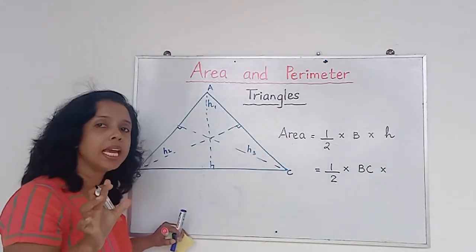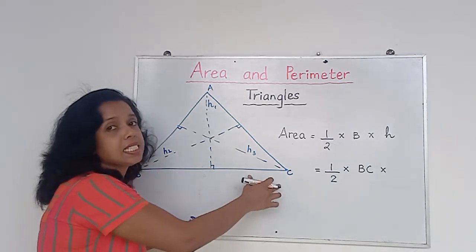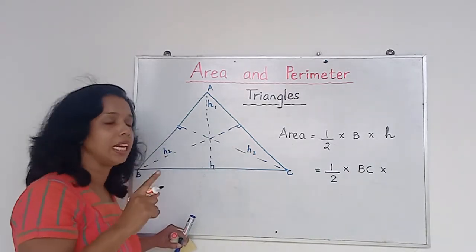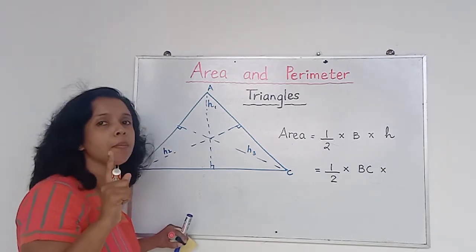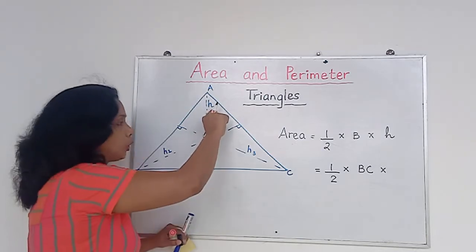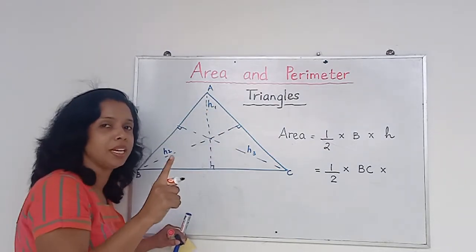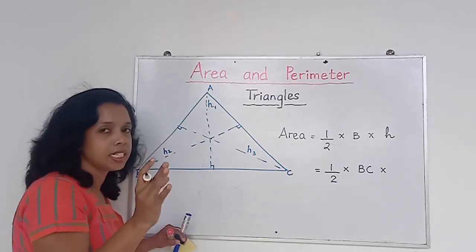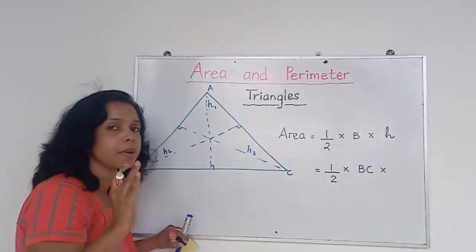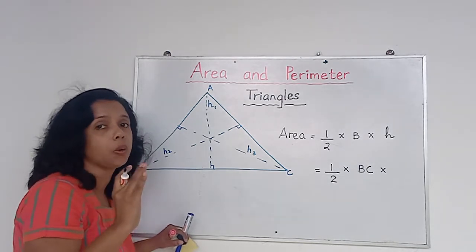If my selected base is side BC, now tell me which value I am going to take as my perpendicular height: H1, H2 or H3? I told you, there are 3 sides. You can select one of them as the base, but be mindful when selecting the perpendicular height.